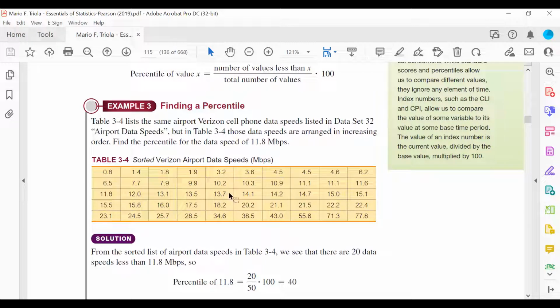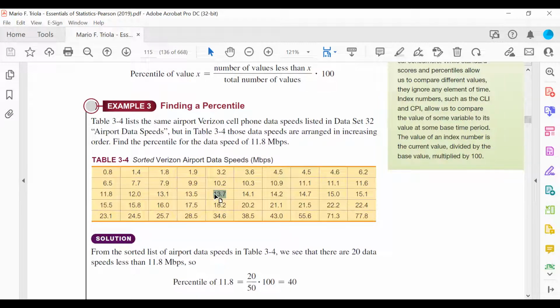Here's 13.7. How many numbers are smaller than 13.7? You have to count backwards: 1, 2, 3, 4, 5, 6, 7, 8, 9, 10, 11, 12, 13, 14, 15, 16, 17, 18, 19, 20, 21, 22, 23, 24. There are 24 numbers that are smaller than 13.7.